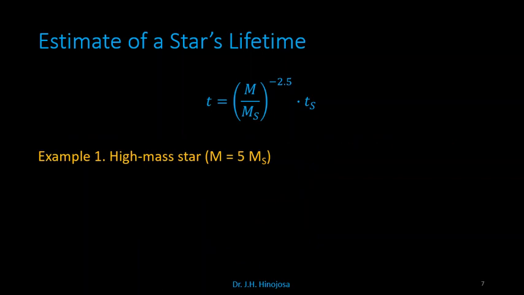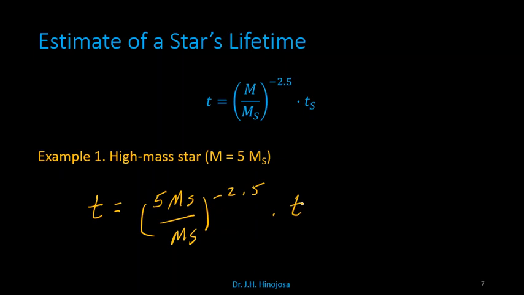We look first at an example where we have a high mass star, a mass of 5 solar masses. So we have then the lifetime of the star is going to be equal to 5 times the mass of the sun divided by the mass of the sun, and the whole thing raised to the negative 2.5 power times the lifetime of the sun.